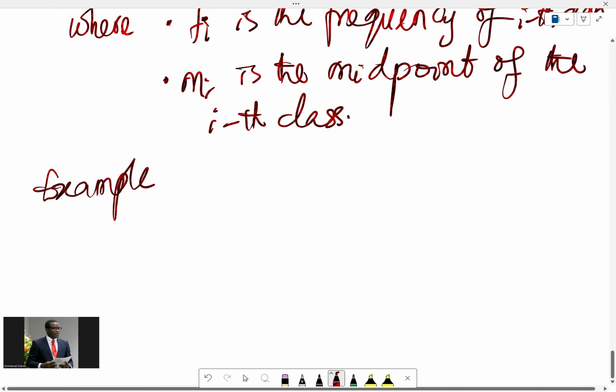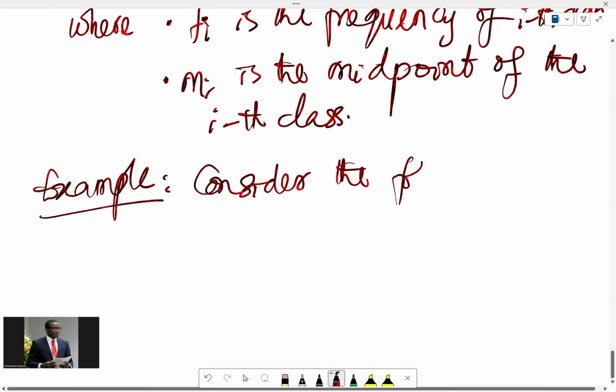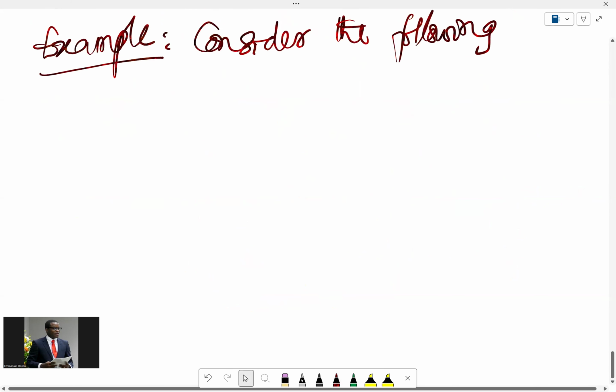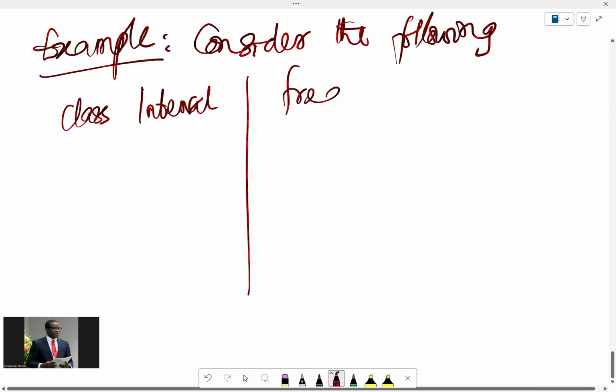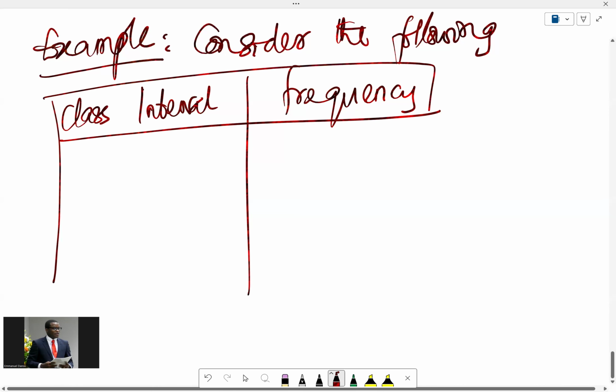So example, consider the following grouped data. Here you have class interval, and then you have the frequency. Okay.